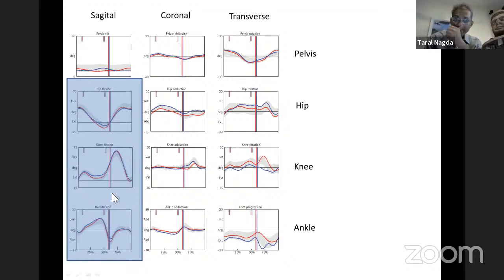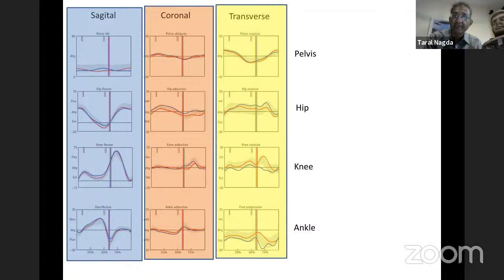It's very important to look at these graphs also and analyze, because changes in one graph may be because of actual changes taking place in another. For example, at hip, if there is internal rotation, it may show as ankle valgus, it may show as knee valgus. Okay, so changes at any one level are also going to affect graphs at another level without actual cause being at that level.